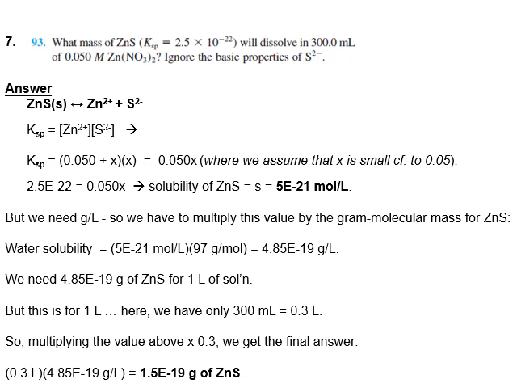I just pulled that out of the top of my head. So multiplied by 97, it becomes 4.85 times 10 to the minus 19, and that's in grams per liter. But we don't have a liter, right? We only have 0.3 of a liter, so multiply by 0.3 to get your final answer. Okay, next slide.